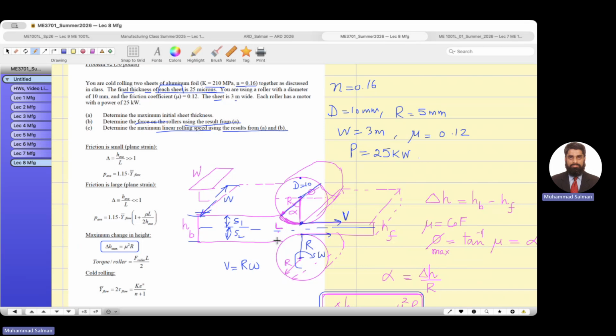And for rotating bodies, if you are given power, can you write down the power formula as torque times omega? And torque equals force times the moment arm. The moment arm is half of the arc length.